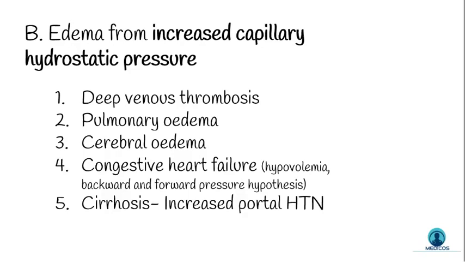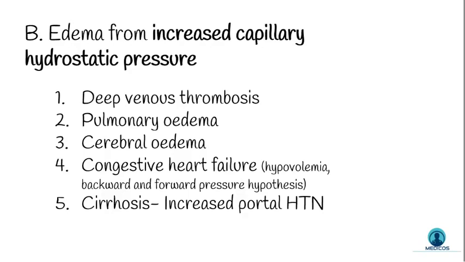And there are mainly three mechanisms that lead to increased capillary hydrostatic pressure. The first one is reduced cardiac output, which causes hypovolemia and activates the RAS, or renin-angiotensin-aldosterone system, which leads to sodium and water retention. We will talk about this later.